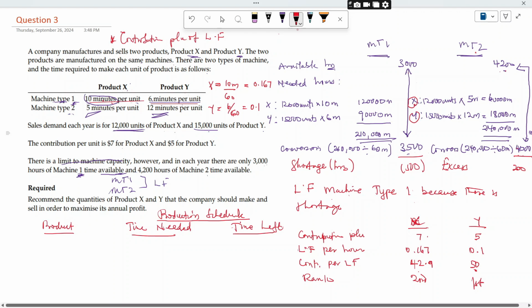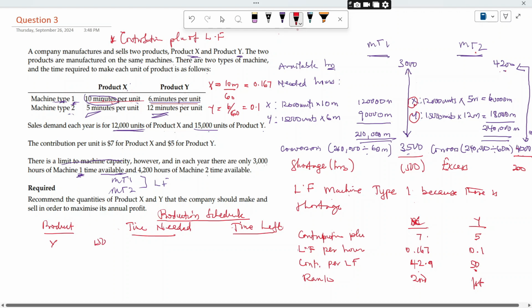Okay, now let's look at the production schedule. This is saying that we have to start with Y first. For Y, we need to produce 15,000 units.